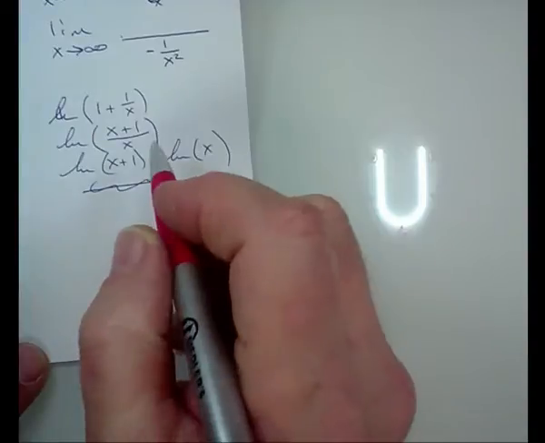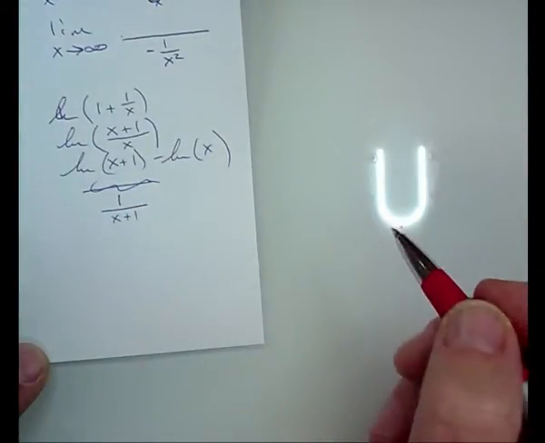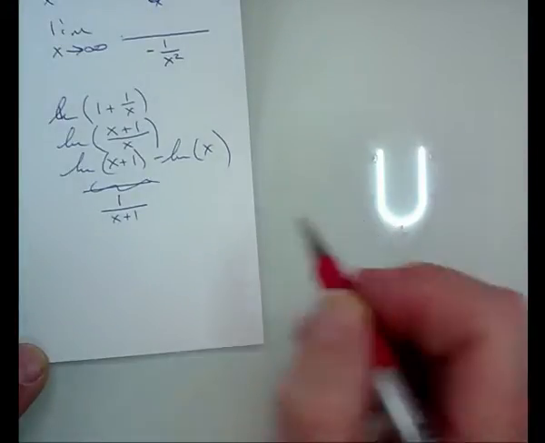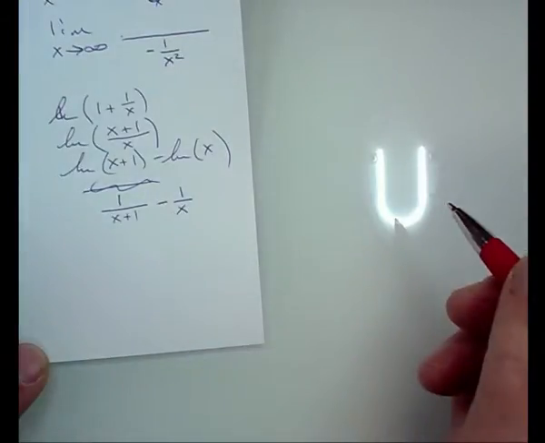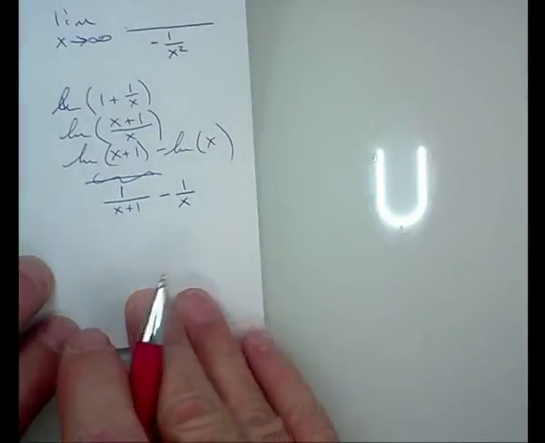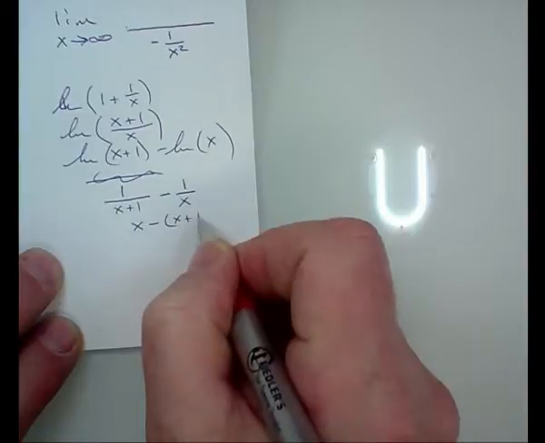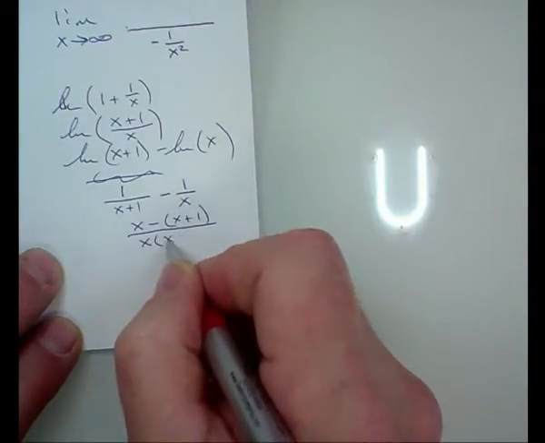So now when I take the derivative of this, I'm going to have 1 over x plus 1, minus 1 over x. This is going to be x minus x plus 1 over x times x plus 1.